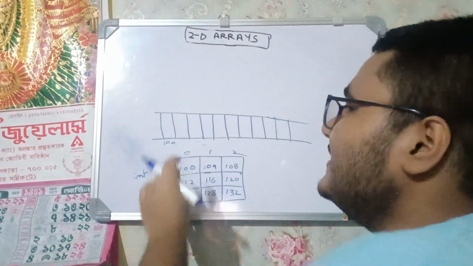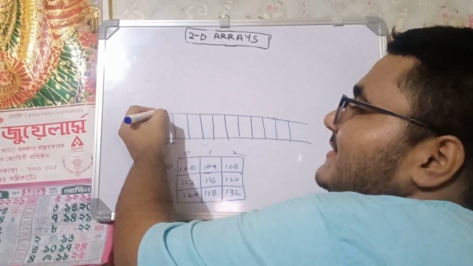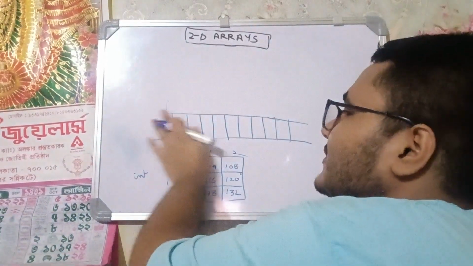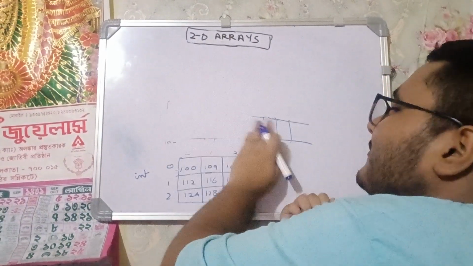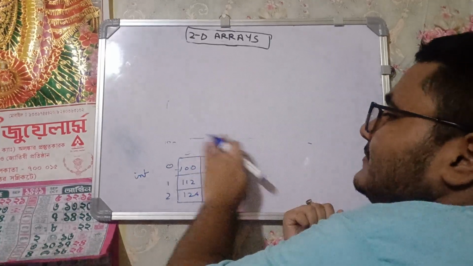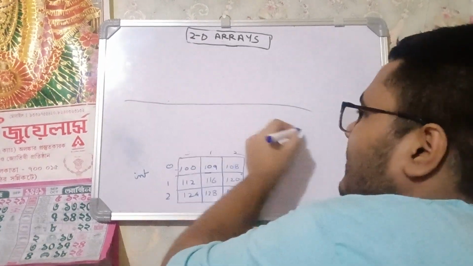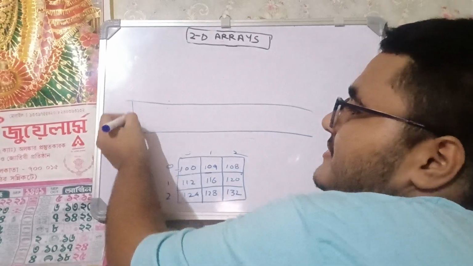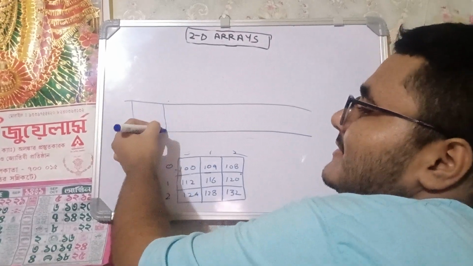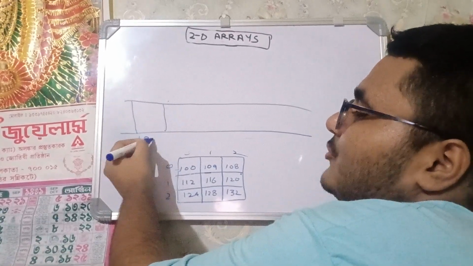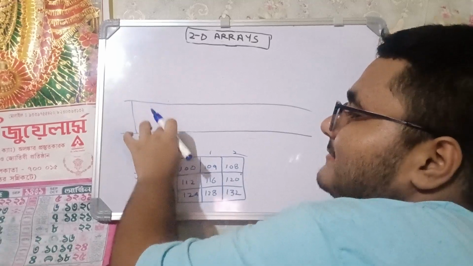For better understanding, presently I am considering these to be 1 byte, okay? Or let me draw it in a better way, considering this entire thing to be 1 byte.